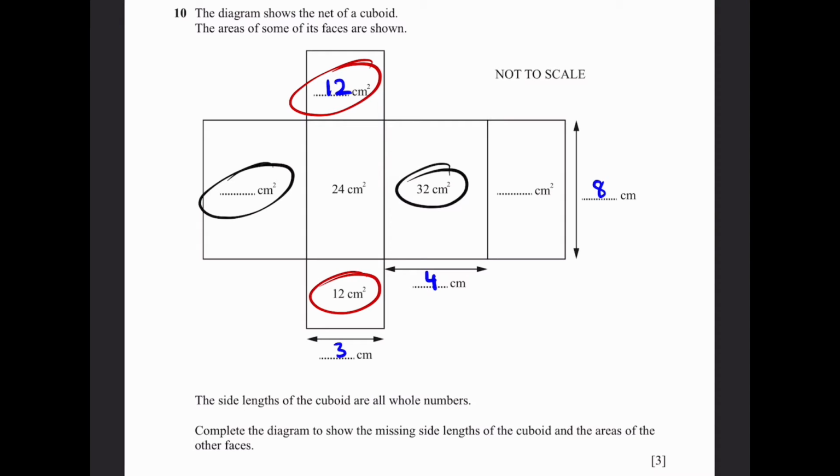They are also opposite faces, so the area of this one will be 32 centimeters squared. Let's look at the last one, 24 and a blank. Because they both are opposite faces, this will be the same, 24 centimeters squared. So now we've solved all the missing side lengths and the areas.